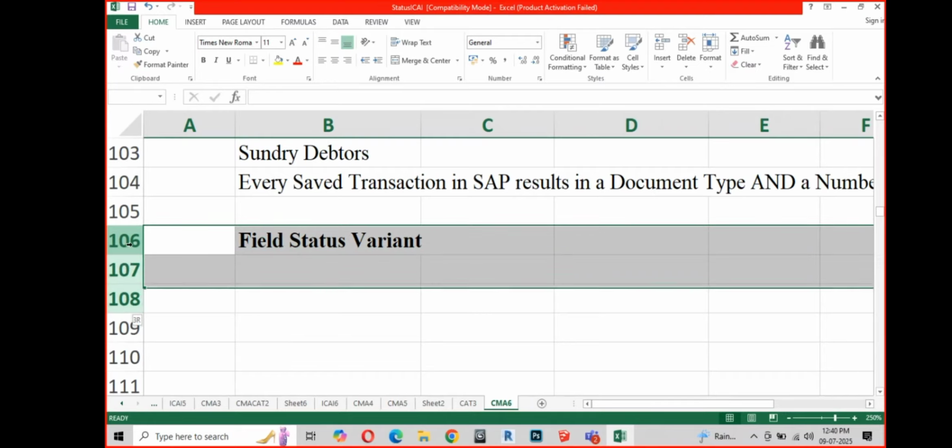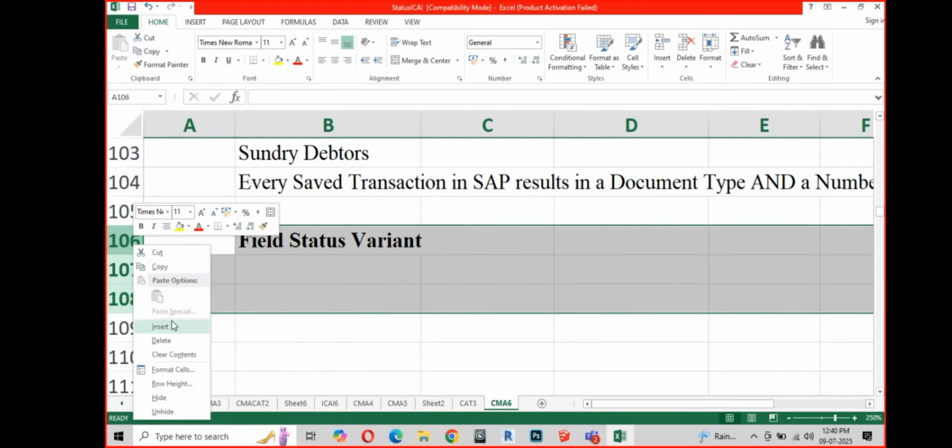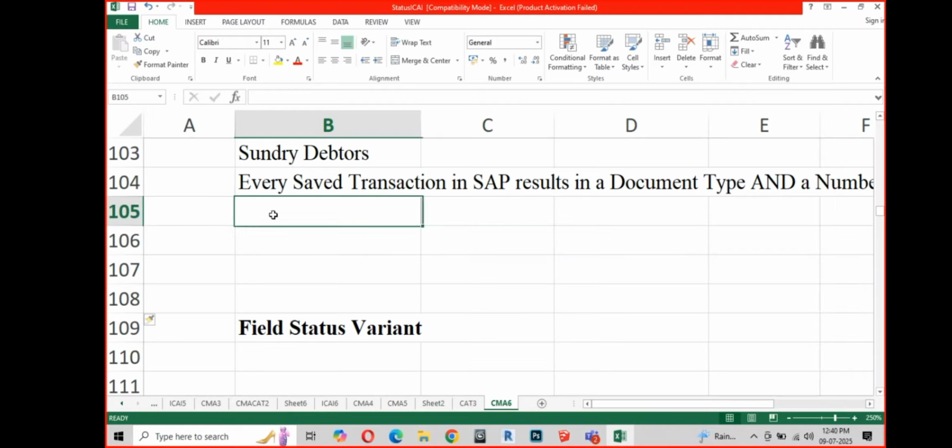Now, a journal voucher or a simple general ledger entry is identified through document type SA. Why SA? It is left to SAP. It is the standard methodology that SAP has followed.